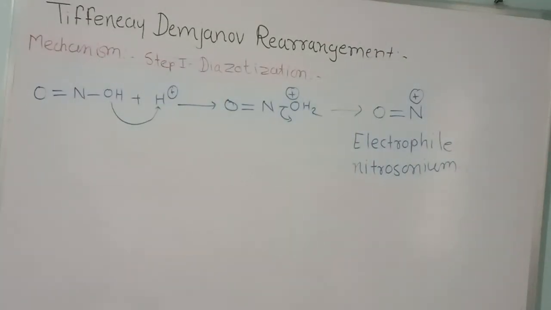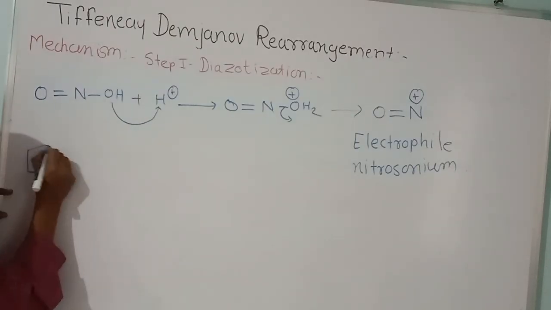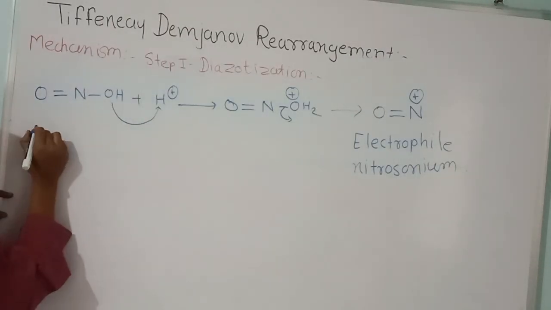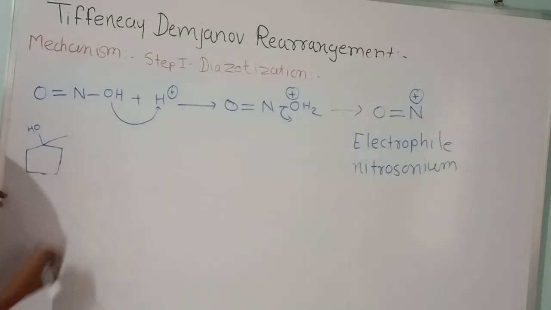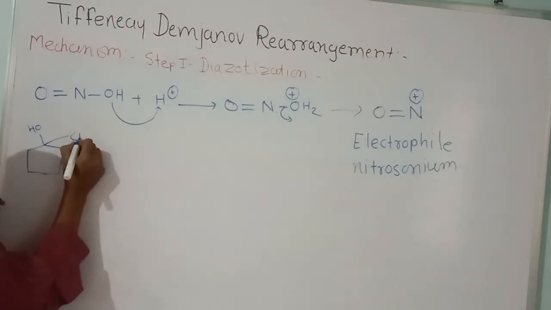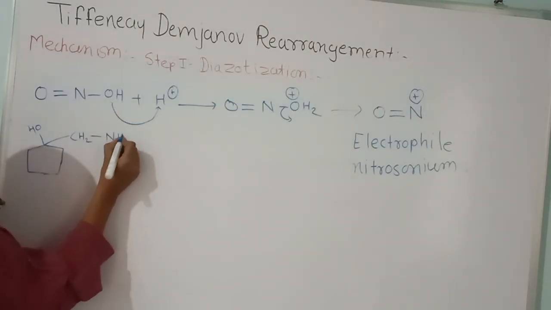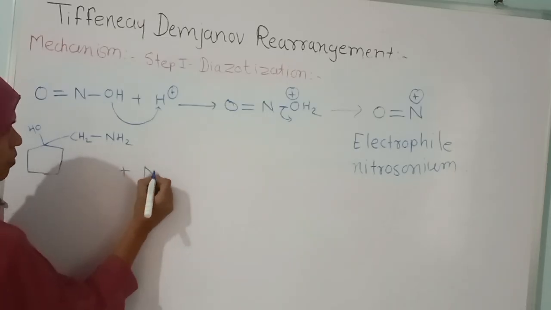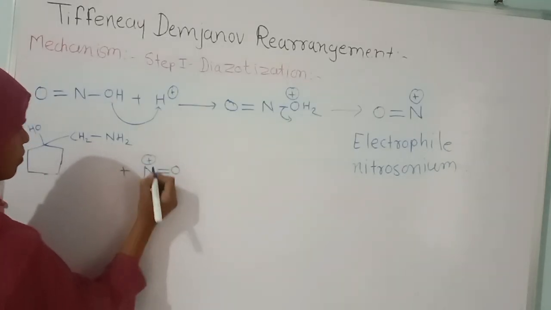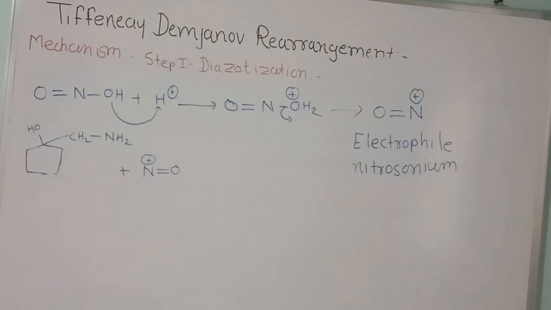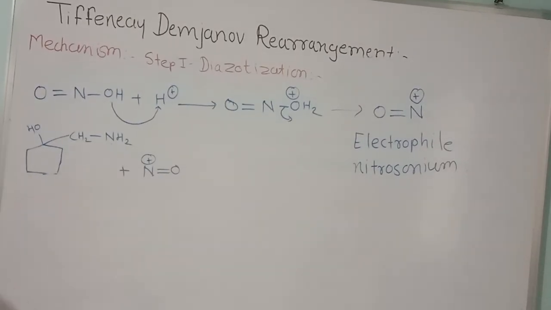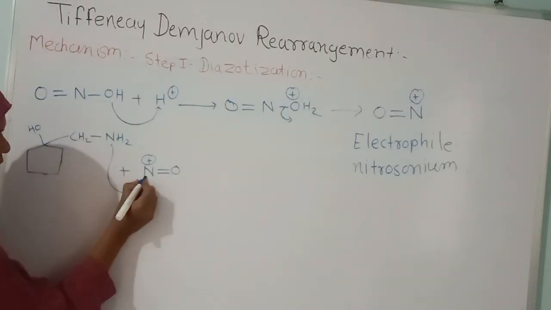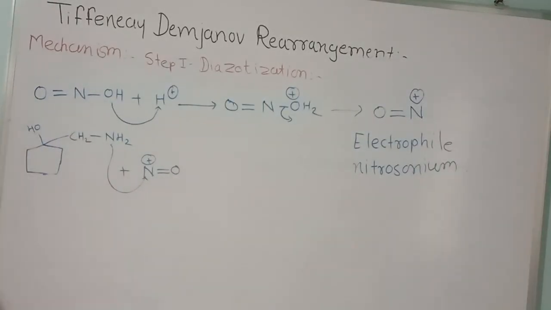This electrophile will be treated with beta amino alcohol. Here, your nitrogen lone pair will attack the electrophile.